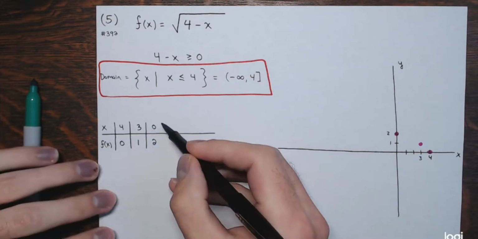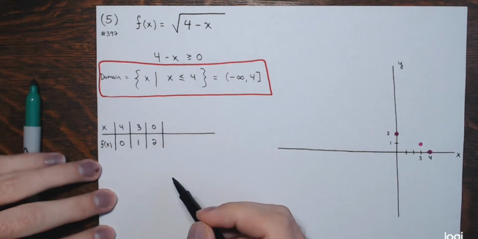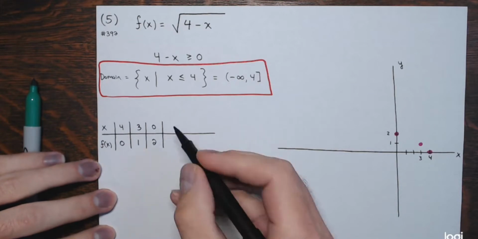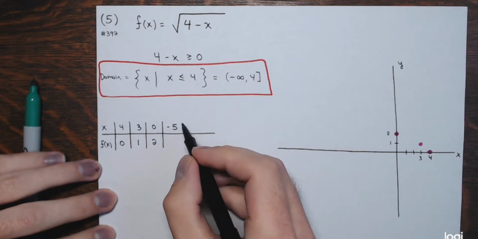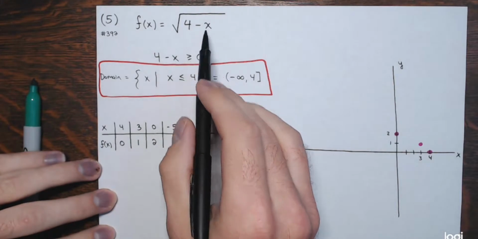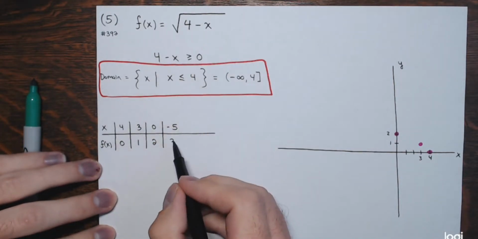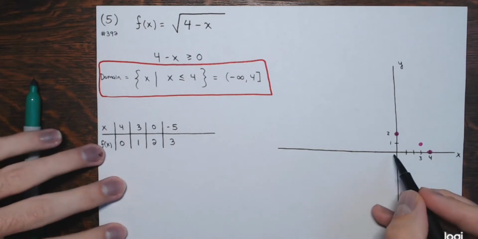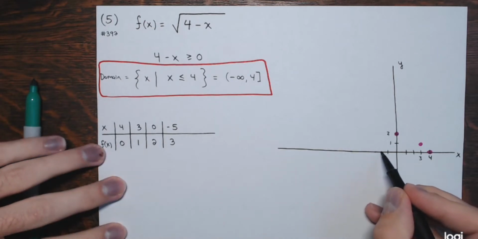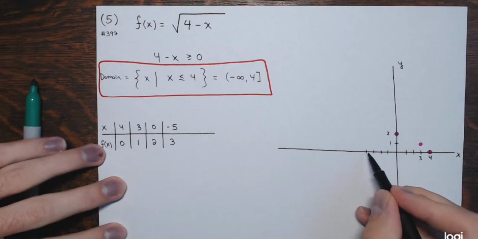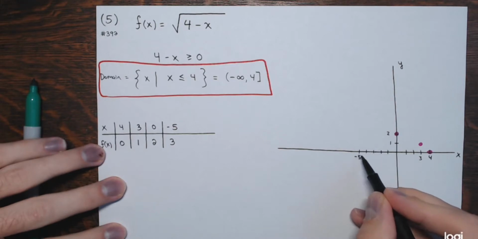Okay, now we're getting into negative inputs, right? If I plug in negative 5, 4 minus negative 5 would be 4 plus 5. That'd be 9. Square root of 9 is 3. You get input negative 5, output 3.